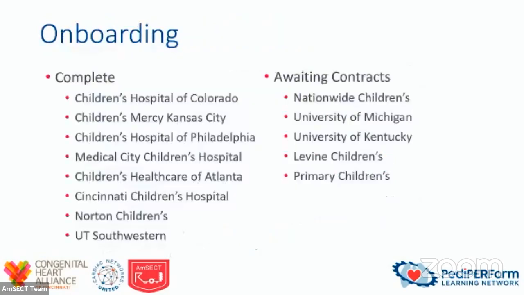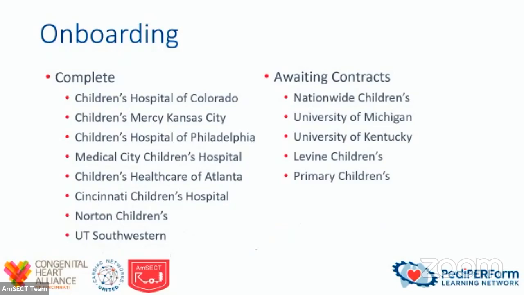All of which have committed to participating, and including the 3 founding institutions, Michigan, Colorado, and Cincinnati Children's. That gives us 10 centers at the outset. Of these 10, 8 have completed the onboarding process and are contributing data to the system.